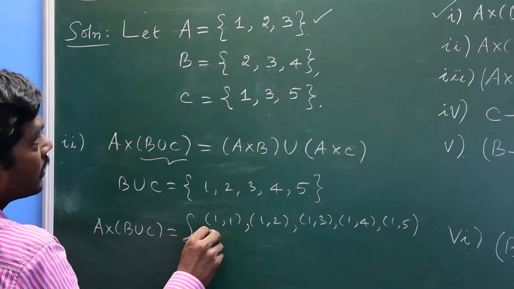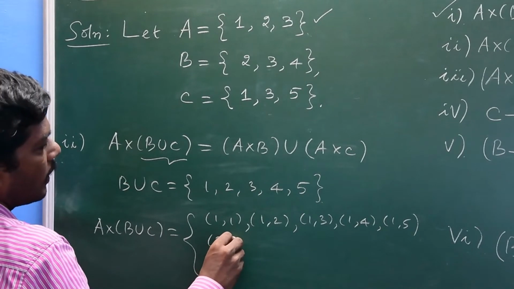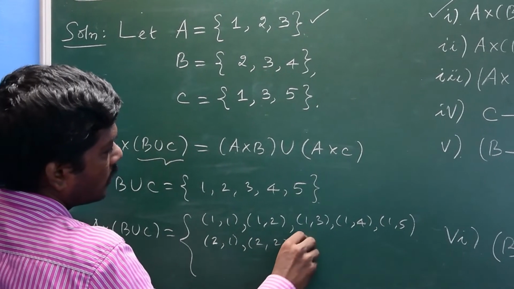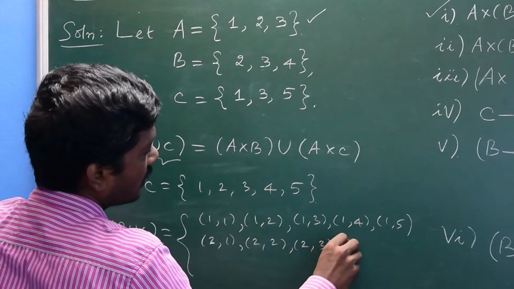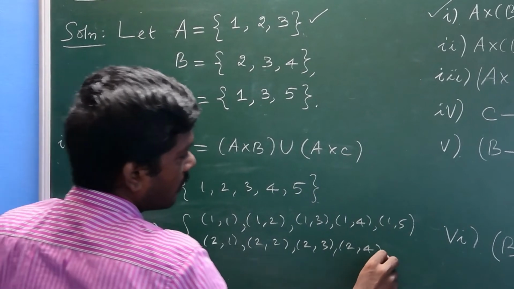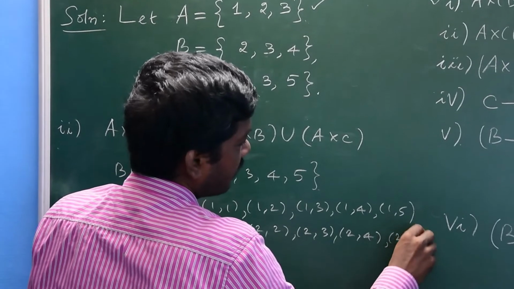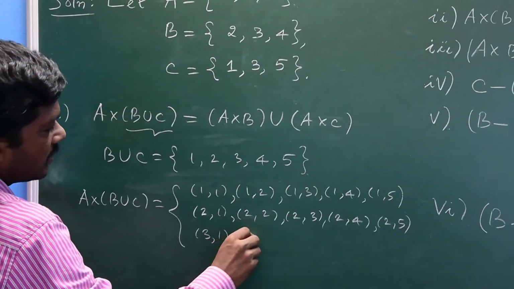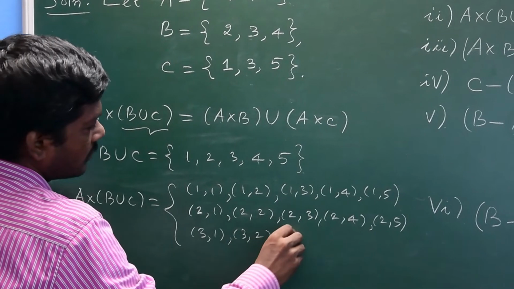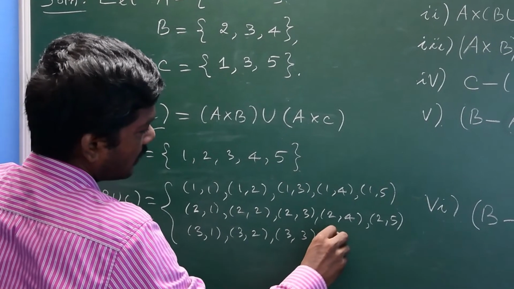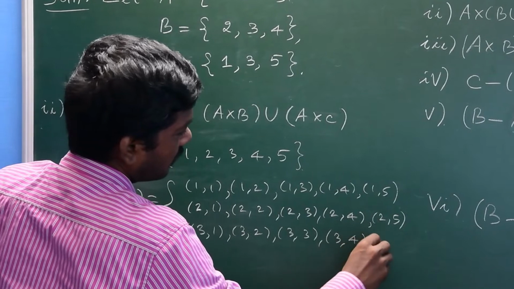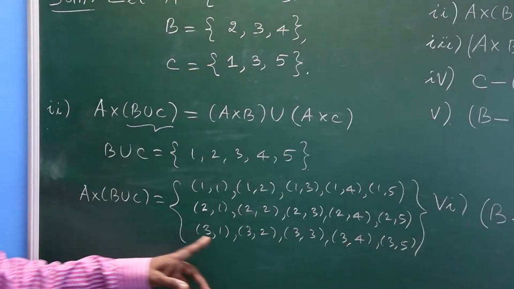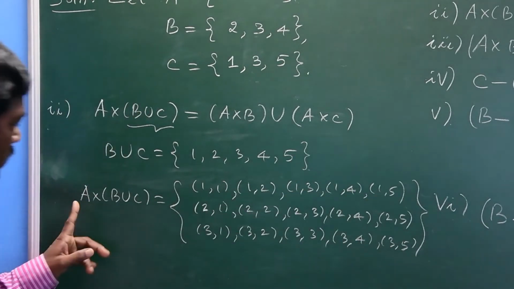Next one is (2,1), (2,2), (2,3), (2,4), (2,5). Next one is (3,1), (3,2), (3,3), (3,4) and (3,5). These are the elements which are found in A cross (B union C).